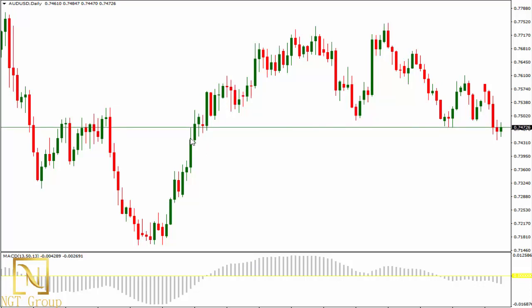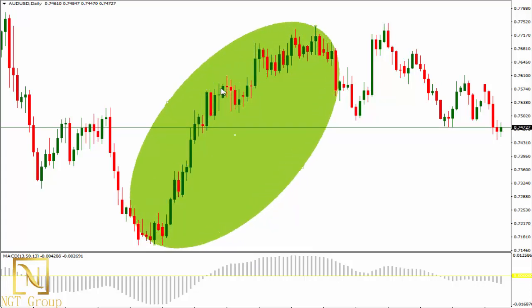Here we are on the Aussie USD, and what we are looking at currently is an upwards move. I want your eyes on this move and this move only. Okay? Now, as you can see, this is a really strong up move.